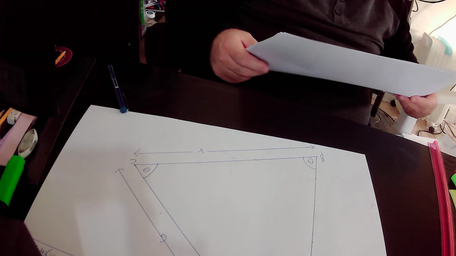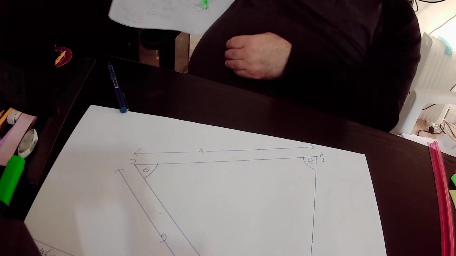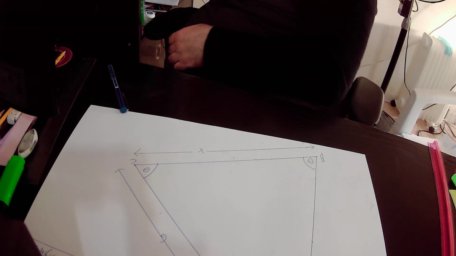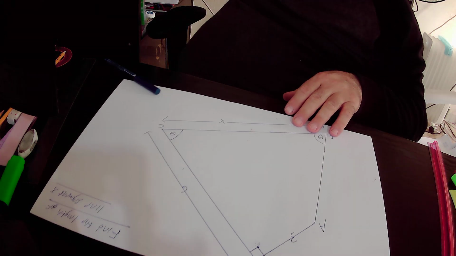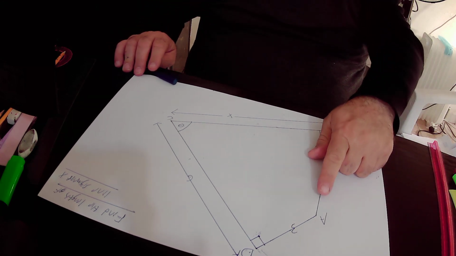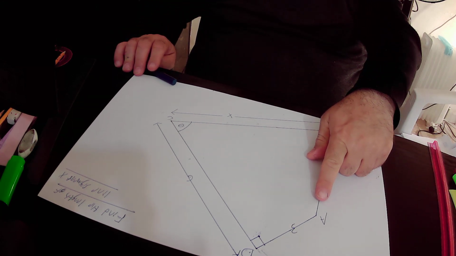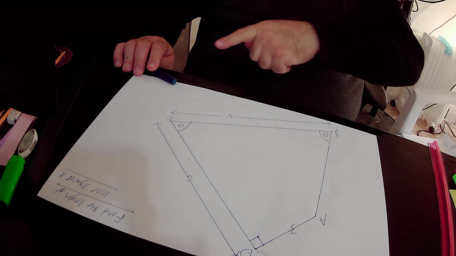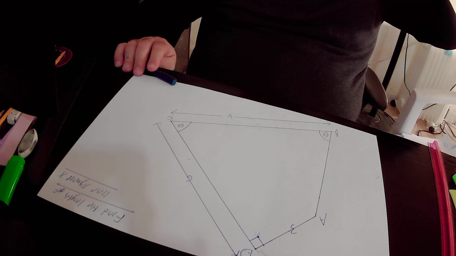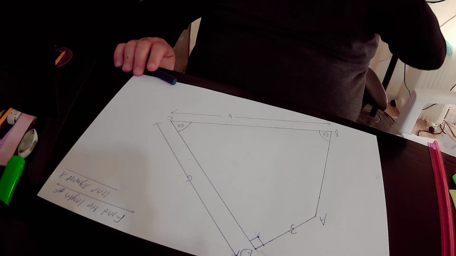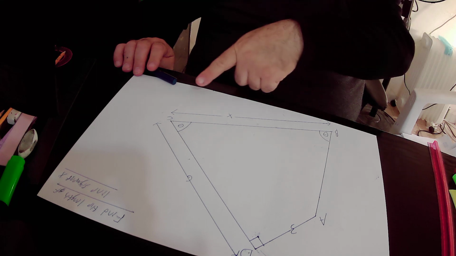For the second method, we will do another construction. From point A, we will draw a straight line on DC in such a way that the straight line will be parallel to BC.